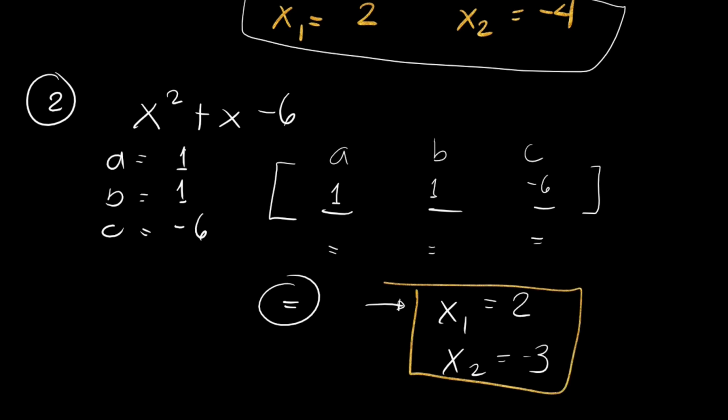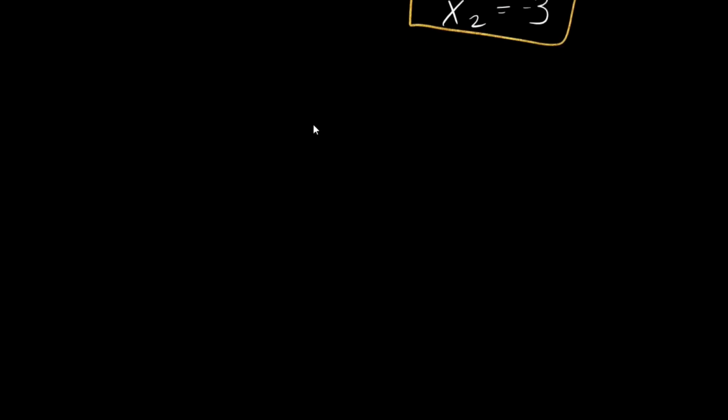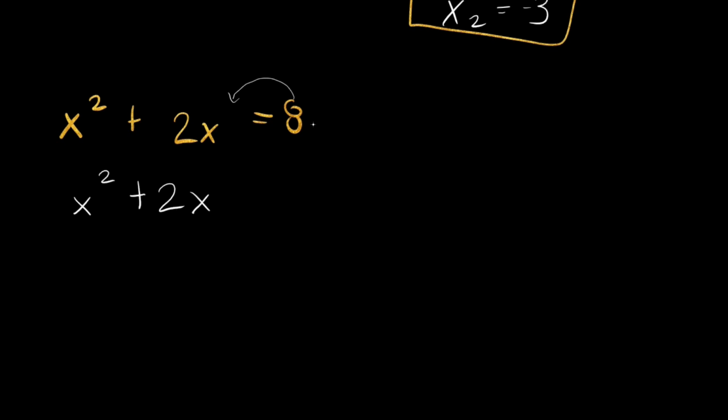So, pwede nyo rin gawin yun dun sa pangatlo at saka pang-apat nating ginawa. Paano naman, Ate Kim, kapag ang given mo ay ganito? X squared plus 2x equals 8. Hindi siya naka-standard form, Ate Kim. Ano yung dapat kong gawin? Ang dapat mo lang gawin is ilipat mo si 8 dito sa kabila para maging standard form na siya. So, what you'll do will be x squared plus 2x.